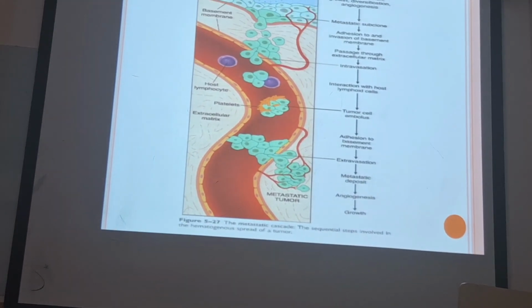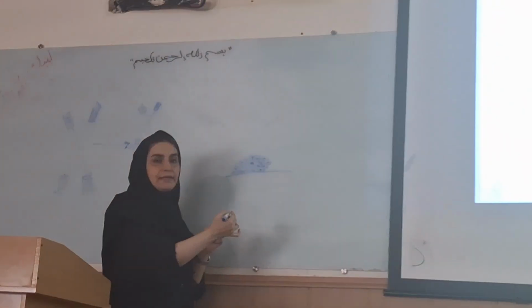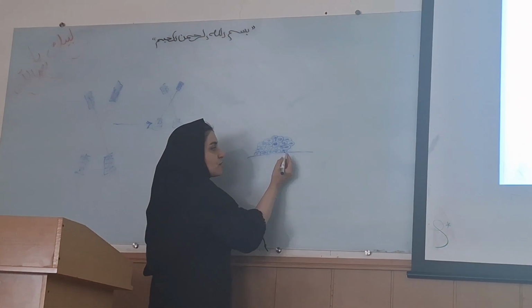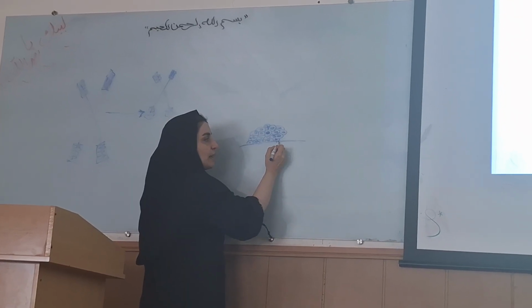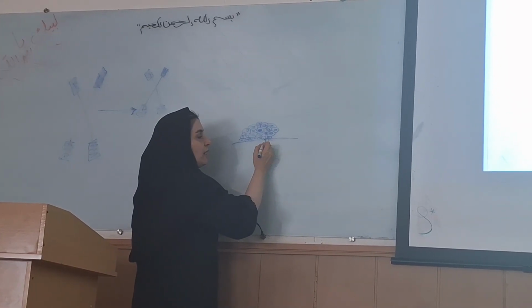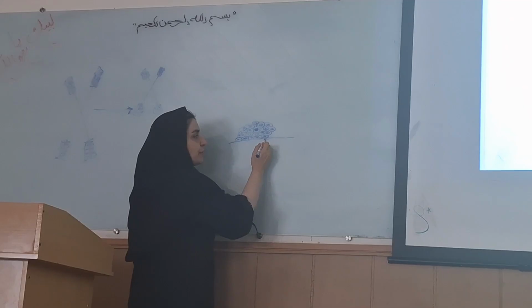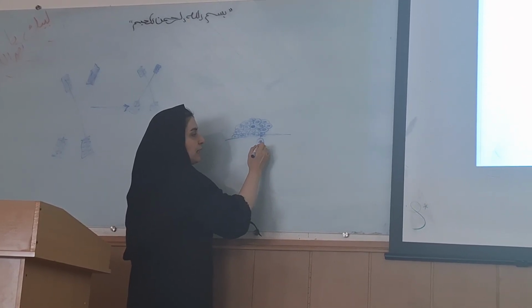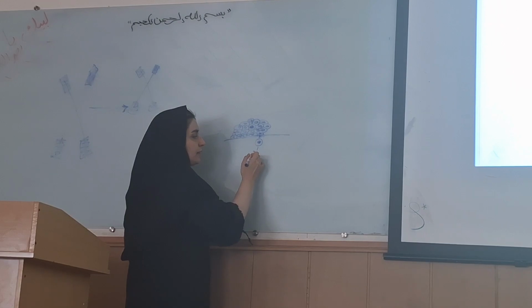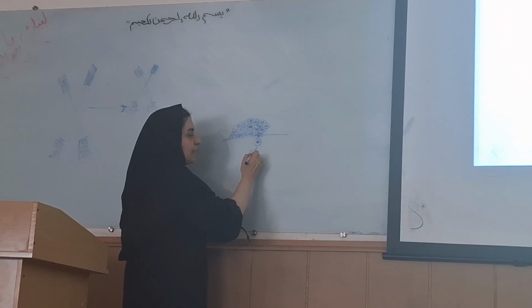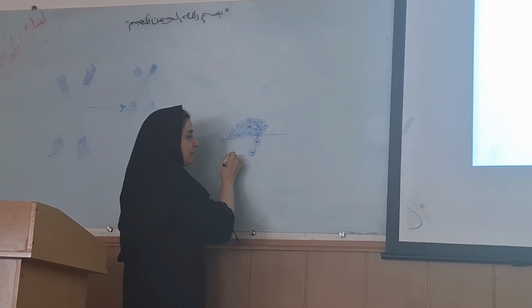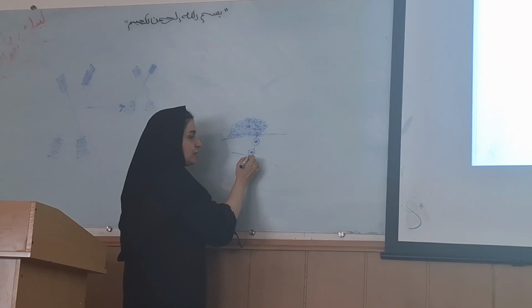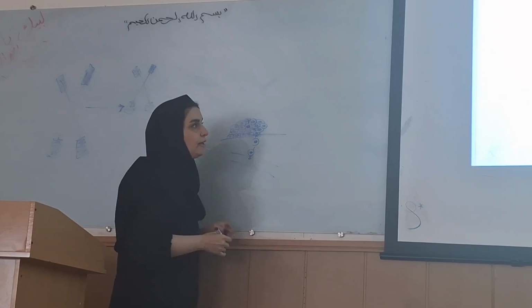after that, by some other mutation and by making some blood vessels, they start to invade the basement membrane, okay? At first, they reach here and they are in the extracellular matrix like here, and after that, they can travel in this area and they can enter the blood supply.